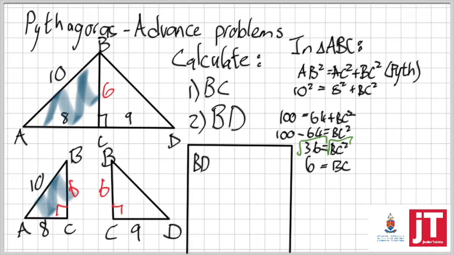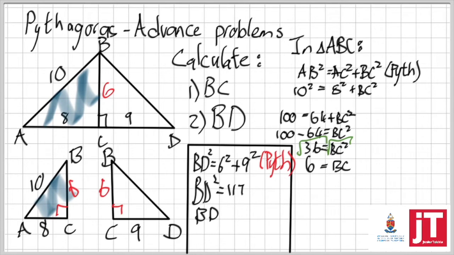Now I can move to triangle BCD. In triangle BCD, again, I can use the theorem of Pythagoras because there's a 90 degrees. So I'm going to say, well, 6 squared plus 9 squared is BD squared, because that's now my hypotenuse. And this I'm going to calculate.